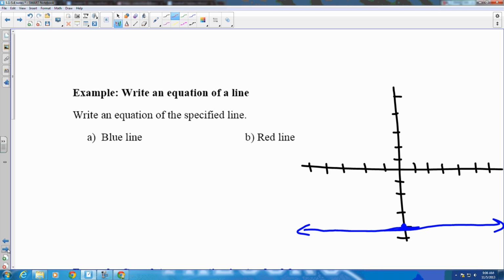And the red line goes through that point. So remembering that this blue line is a horizontal graph, which is y equals, where there's no x's at all, and you're going to use that point that it goes through, which is negative 4. So y equals negative 4. And the red line is vertical, which means it's going to be x equals whatever value it goes through. It goes through 4. So x equals 4 on that one.